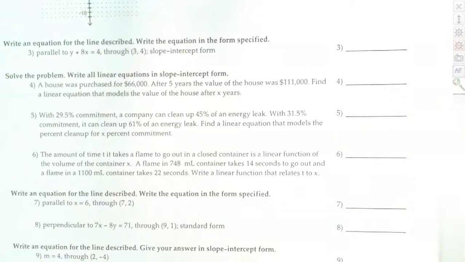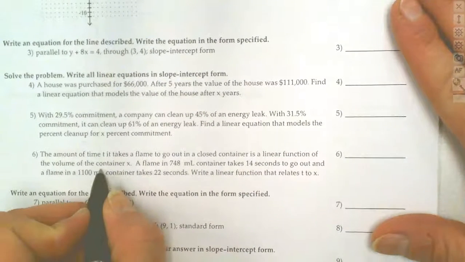And we need to come up with our two ordered pairs. So we can use those two ordered pairs to find the slope. So the amount of time t it takes for a flame to go out of a closed container is a linear function of the volume of the container, x.